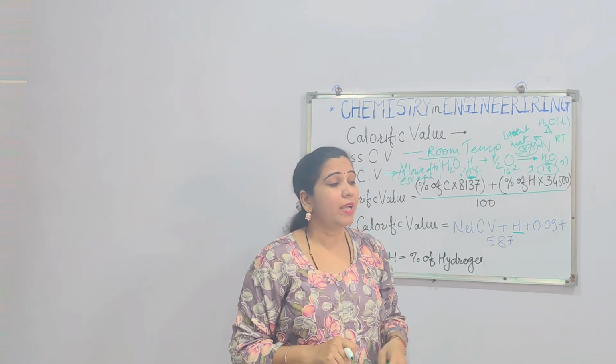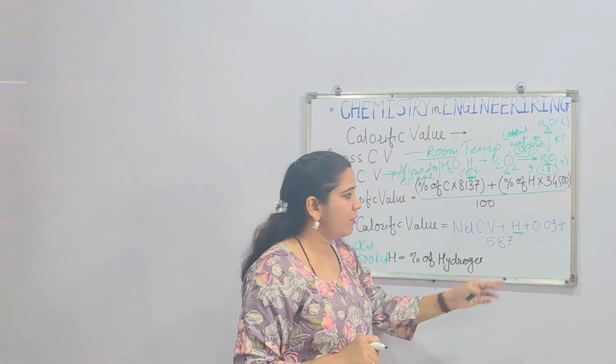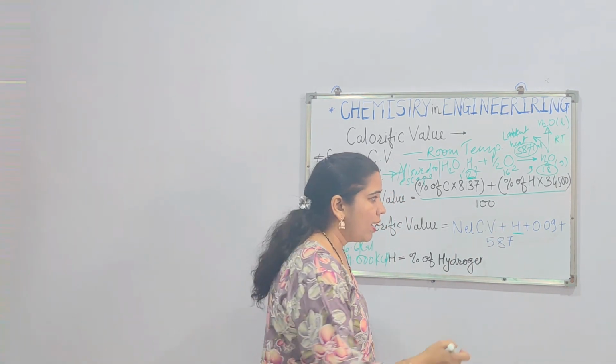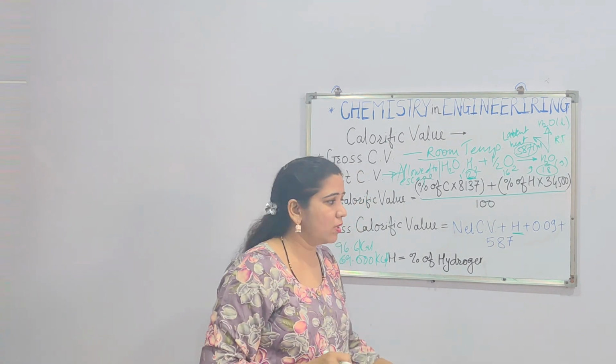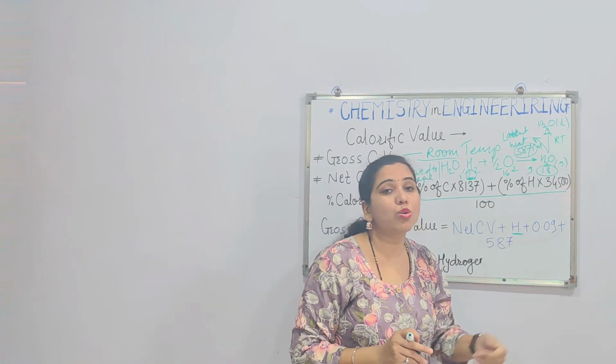But if the hydrogen is in the form of percentage of hydrogen, then it is hydrogen upon 100, so we have shifted the decimal point to the left, that is 0.09.